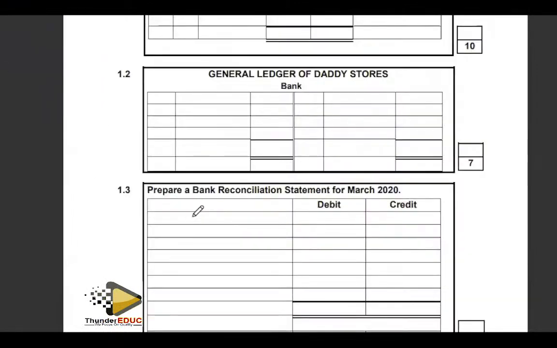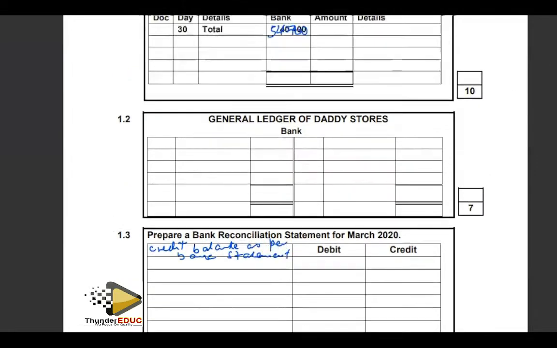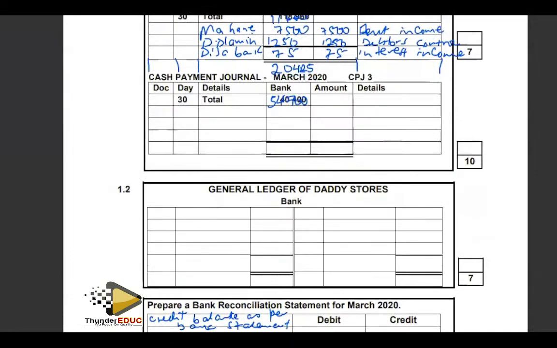So we are going to write: credit balance as per bank statement. Sorry, I'm writing in the wrong part.